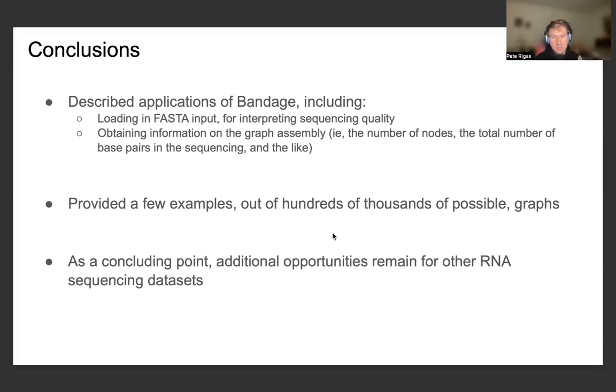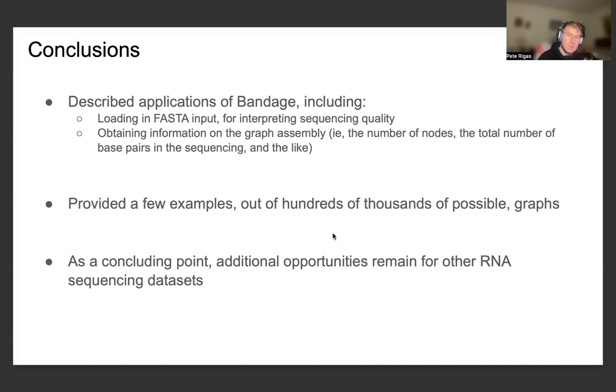And these graphs, again, as we've been mentioning, are helpful for us because they can help us obtain information on the graph assembly, i.e. the number of nodes, the total number of base pairs in the sequence, the degrees of each one of the nodes, and the like.